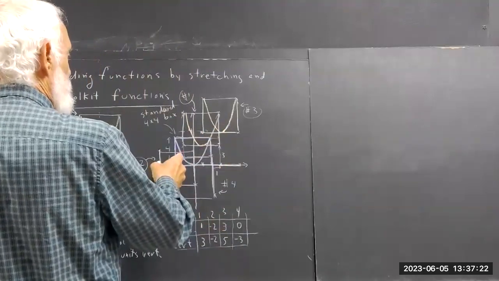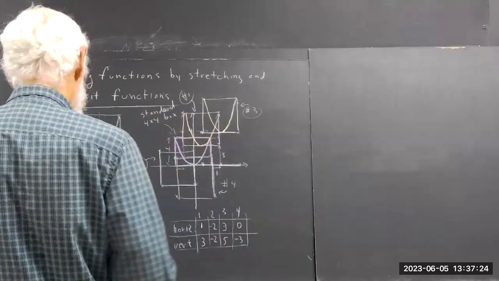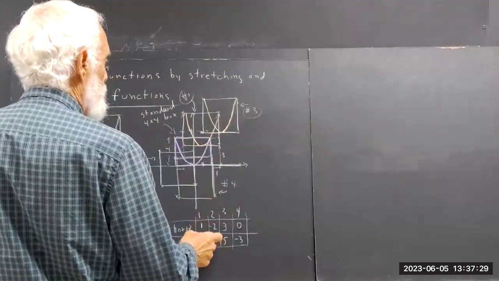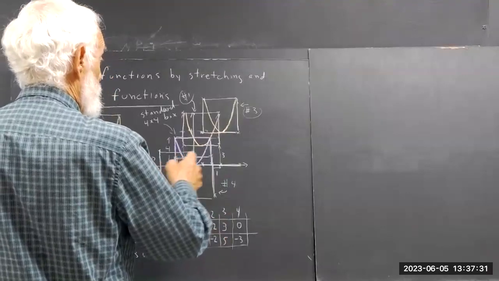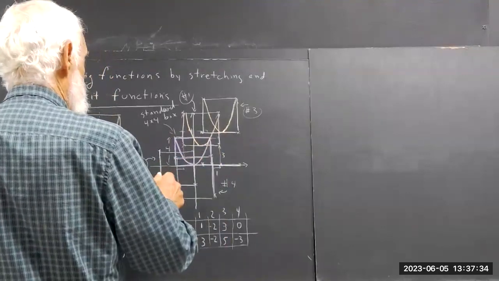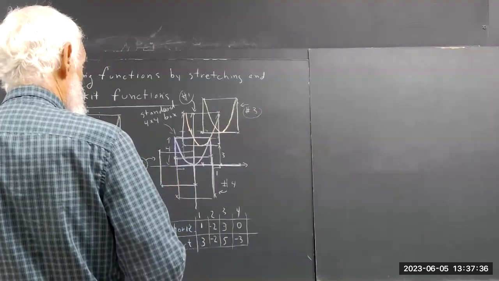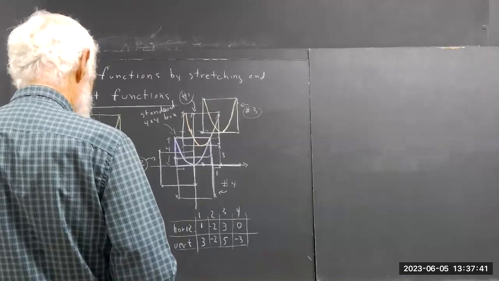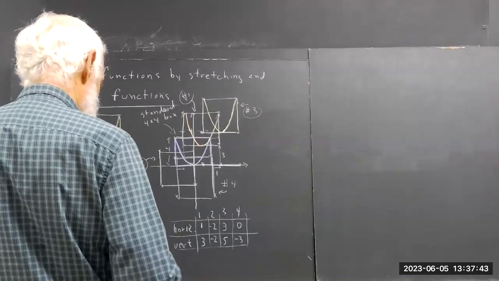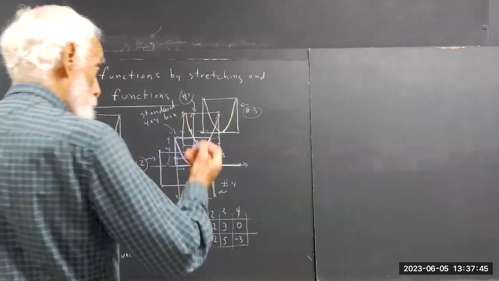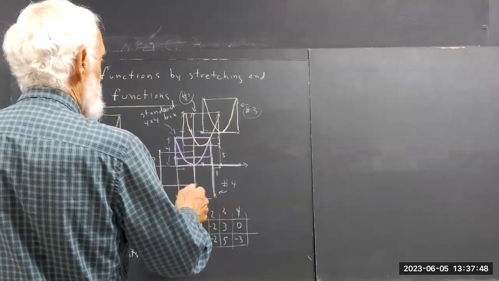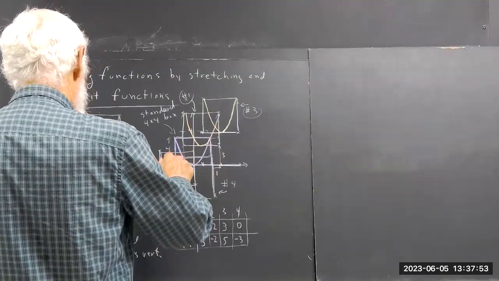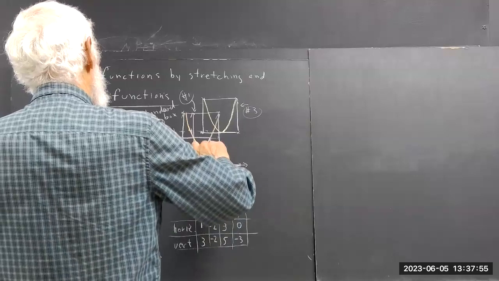Take every point of this parabola, move it according to the rule, over 3 up 5. So from over 3 units up 5. Okay, number 2, the graph would go in here.